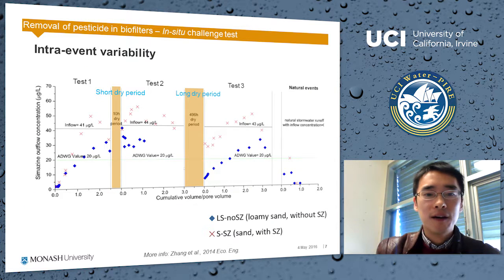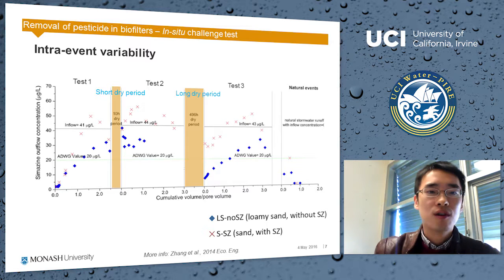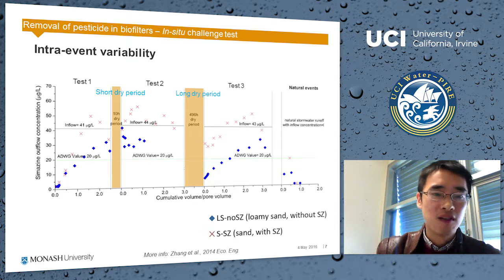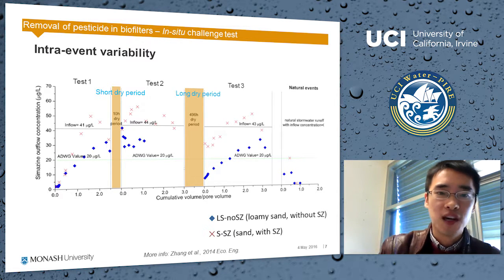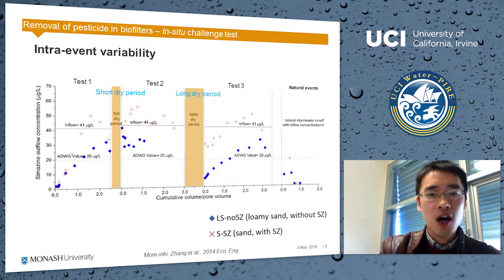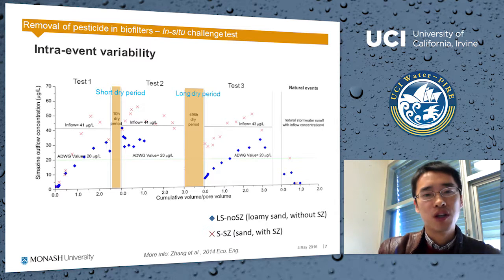So we still need to optimize these biofilters further to enhance the removal of these triazines. This is the next slide, slide 7. It shows the intra-event variability of the concentration change over the three tests, and I'm giving simazine concentration as an example. Between test 1 and test 2 there is a very short dry period, so from the beginning of test 1 to the end of test 2, the simazine concentration kept increasing without any decline in the dry period.